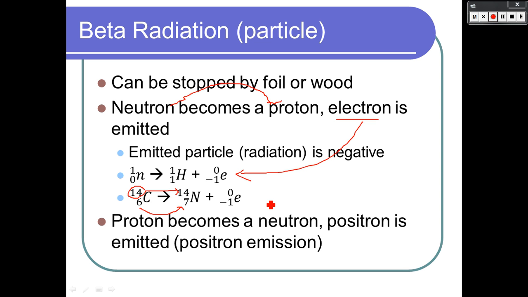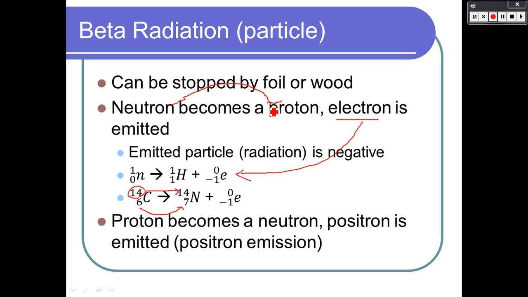And basically, if you go back to that first slide, or maybe it was the second slide, where we talked about how the stability of a nucleus depends on a ratio of neutrons to protons. Basically, if you think about beta radiation, if the atom has too many neutrons, it's going to undergo this first type here, where the neutron becomes a proton.